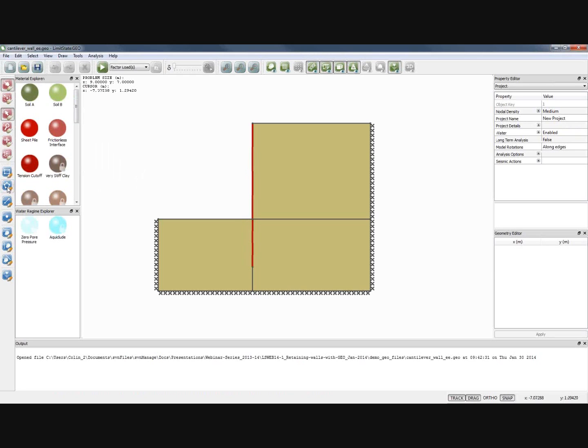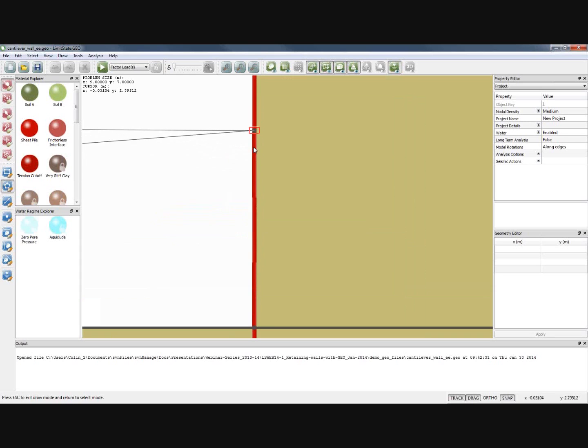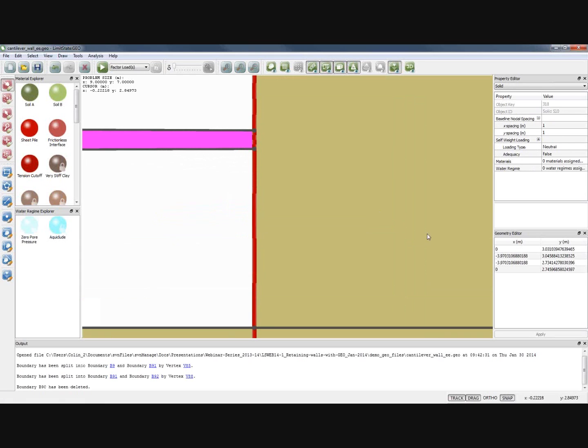Simplest way is just to draw in a rigid block somewhere along the wall. So I just draw a prop in as a rectangle. I've drawn that very roughly. I shall just tidy up that geometry.